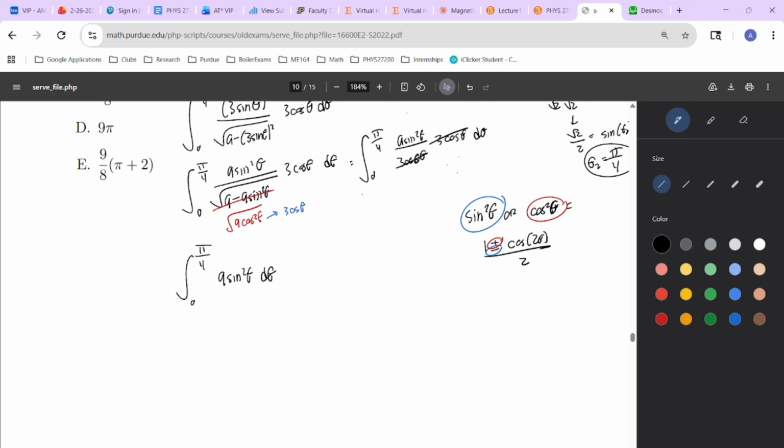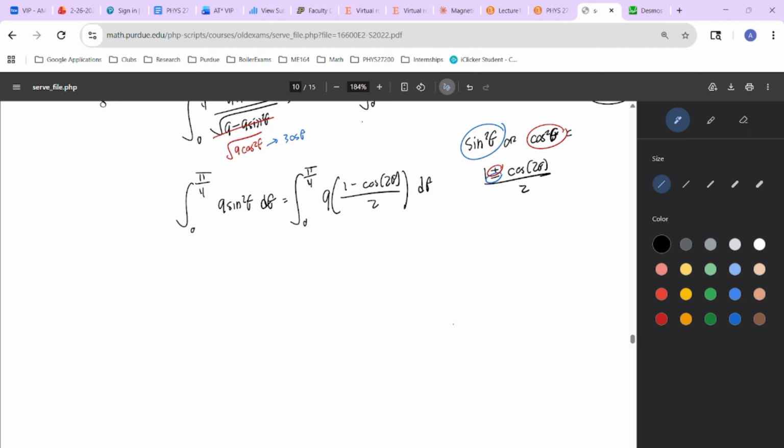So let us use this identity as needed for this integral. If we do that, we would obviously use the minus version. That would become 9 times 1 minus cosine of 2 theta over 2, and then d theta.